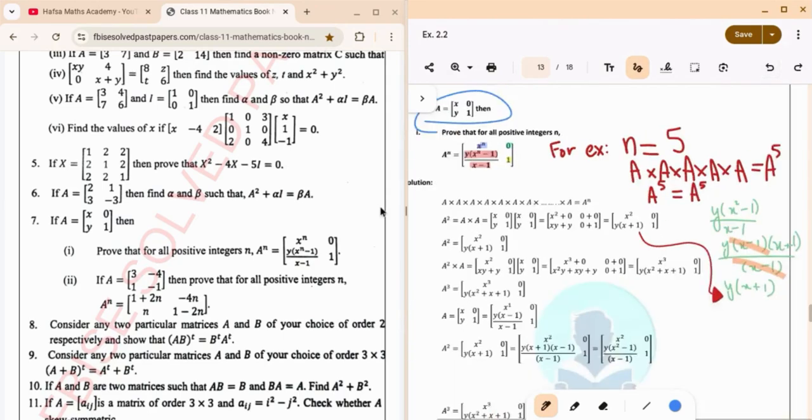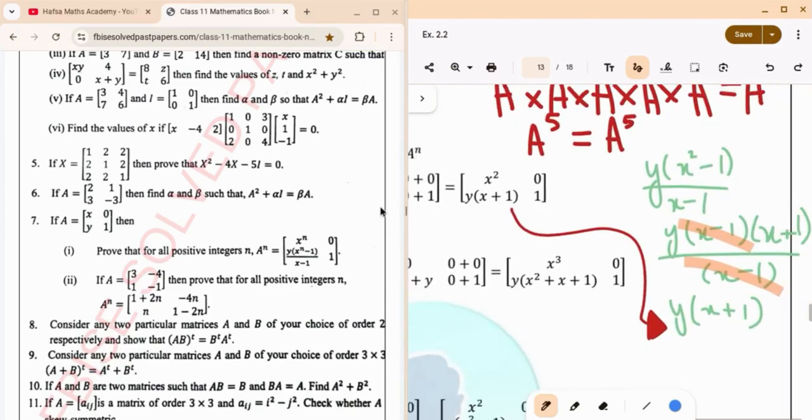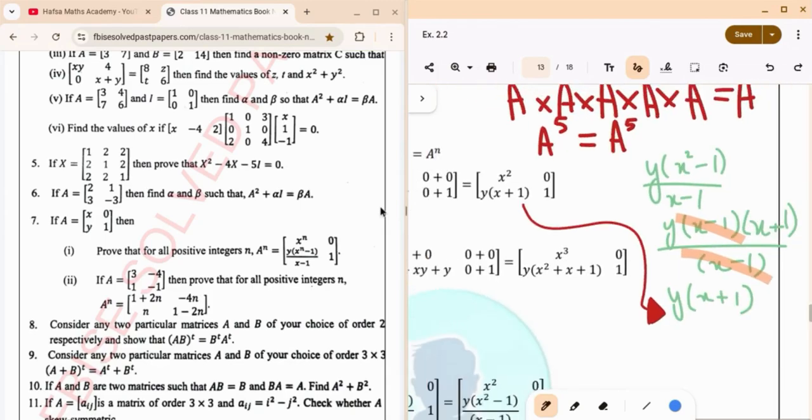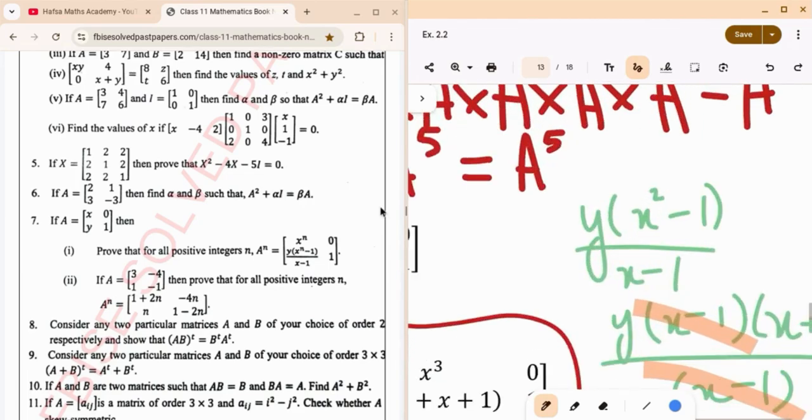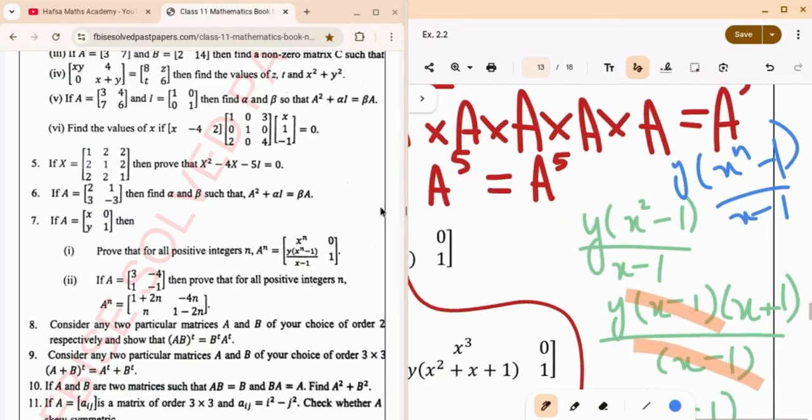Now I wrote this little explanation over here, like this little calculation, so you guys can figure it out. The original element's formula was supposed to be this, minus 1 over x minus 1. In the place of the n, we've put 2 because we're calculating this for 2. So y into x squared minus 1 over x minus 1. Now, as you guys know, a squared minus b squared turns into a minus b into a plus b.